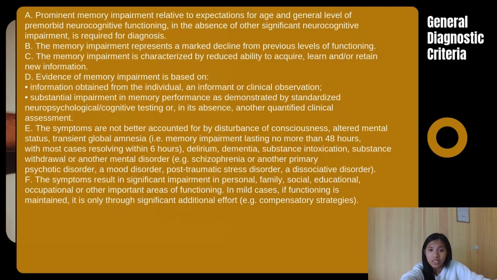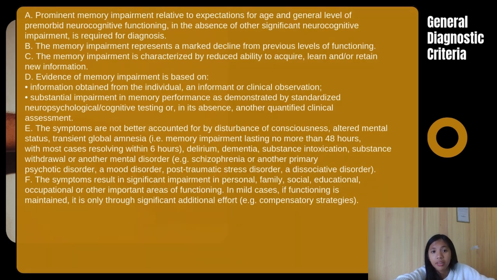And next, when we say B, the memory impairment represents a marked decline from previous levels of functioning. So what does this mean too? Yung memory problem niya is clearly much worse than how a person used to remember things. The memory problems are clearly worse than the normal way of how a person doesn't remember certain things or makakalimutin.